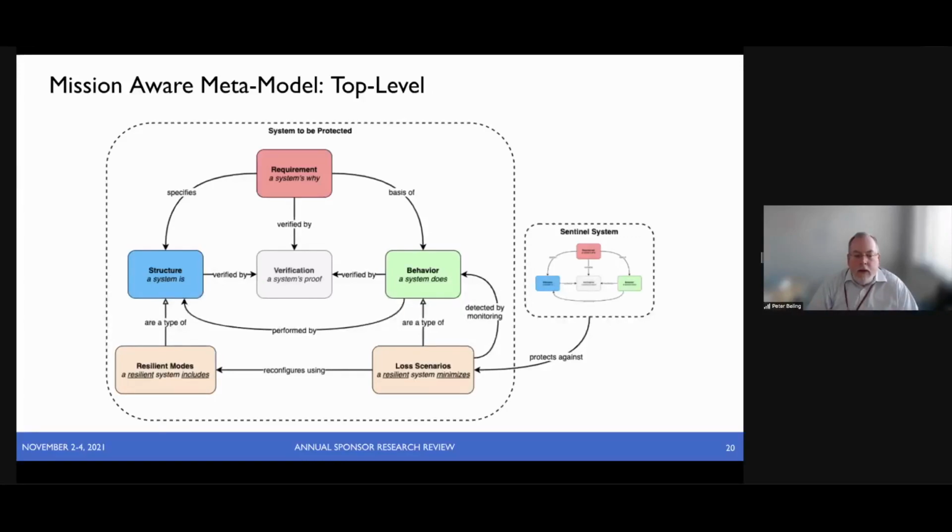Based off loss scenarios, and the detection of a possible evolution of a loss scenario, we can switch to resilient modes, influencing the way the system is actively structured and operating at a particular time. So let's go to the next slide.